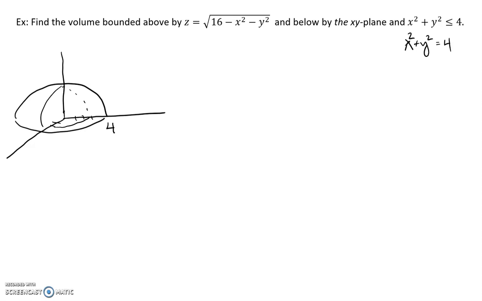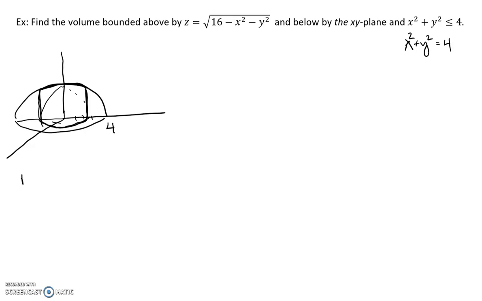So we're going to have this portion on the inside here cut out, and then essentially we're drawing a cylinder up from there. So my full solid that we're looking for the volume of is like a cylinder with a little domed piece on top of it, if you can picture that.